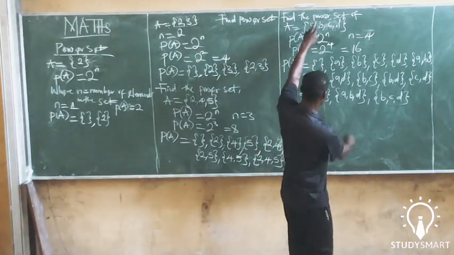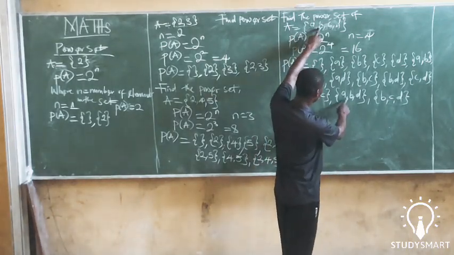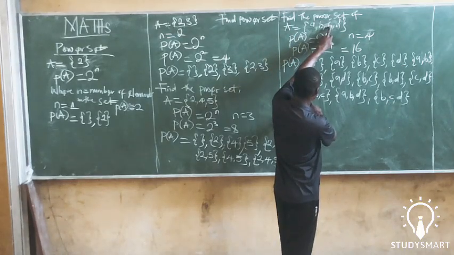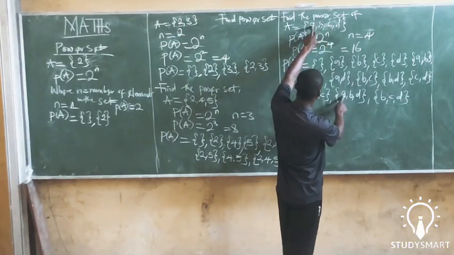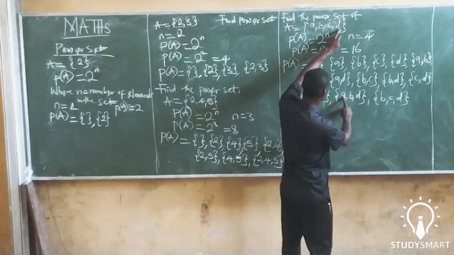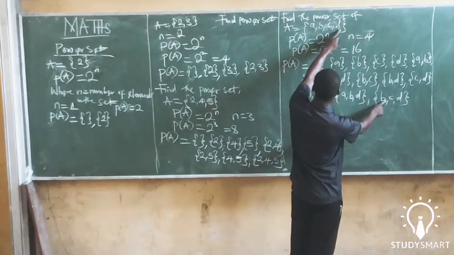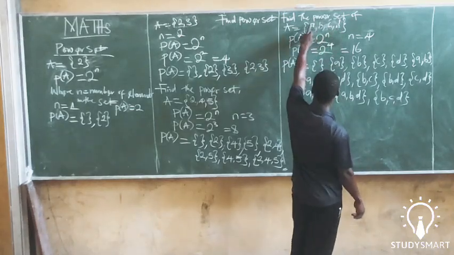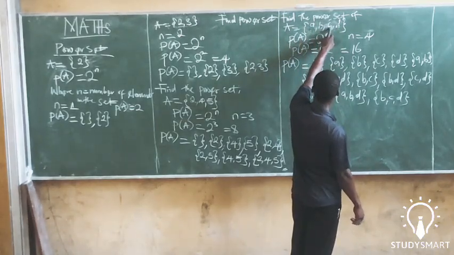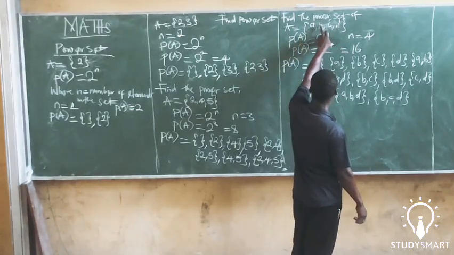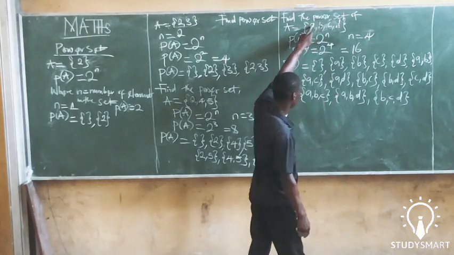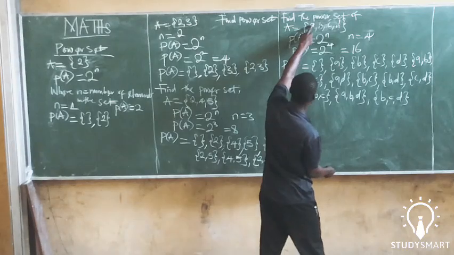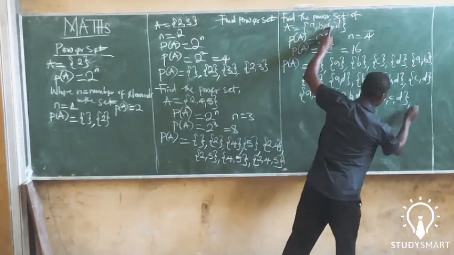Let's check. We have AB, we have ABC, we have ABD, we have BCD, and we are going to have ACD. Okay, we have ACD now.